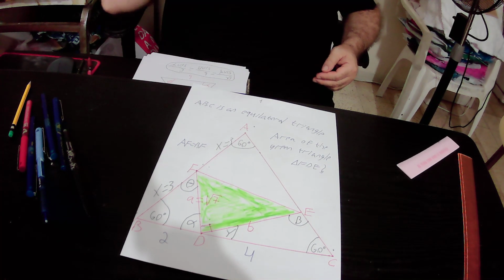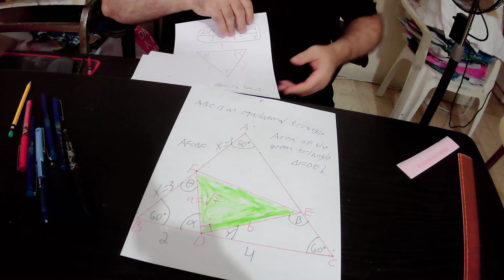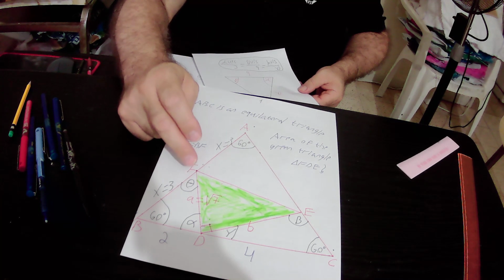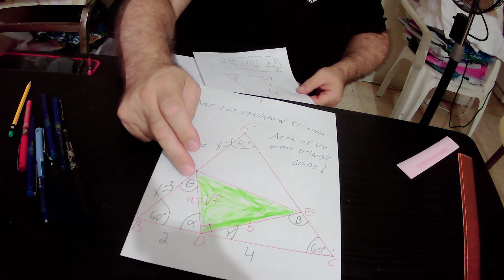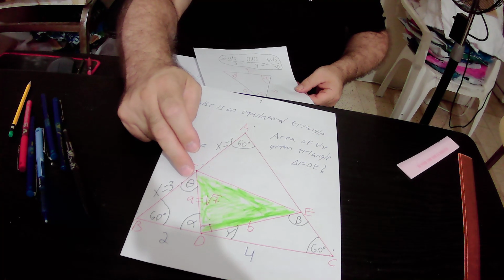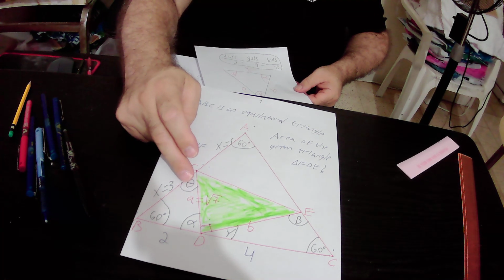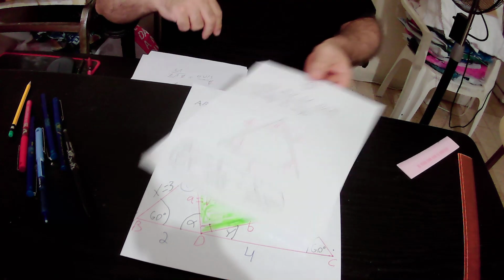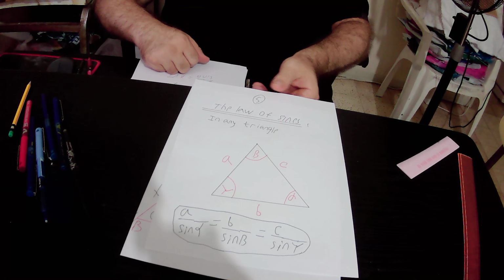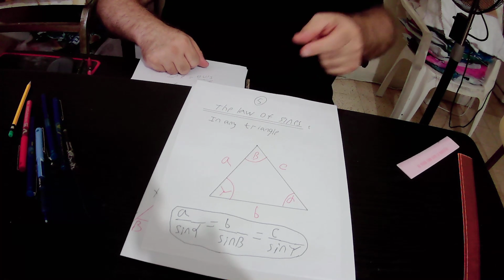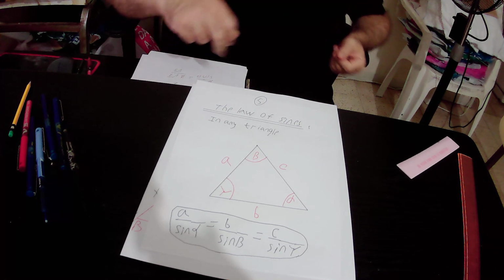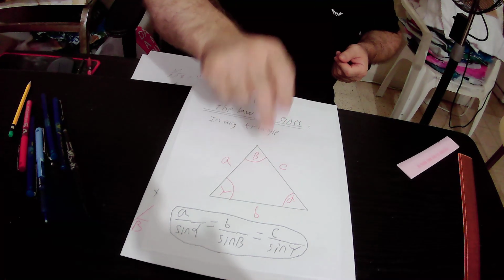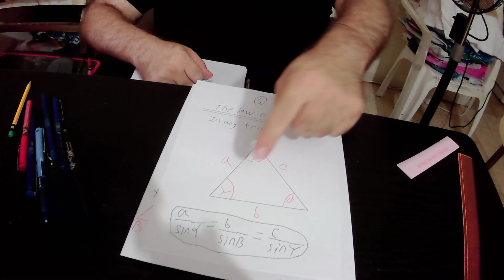In order to find the value of sine theta, we implemented the law of sines in triangle FBD. What is the law of sines? The law of sines is true for any triangle, so in any triangle, a over sine alpha equals b over sine beta equals c over sine gamma.